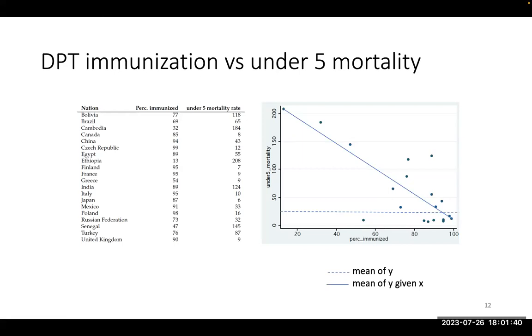So this would be Ethiopian, and then you can basically find the same, taking one of the higher ones. Which one is the highest one? That's 99, Czech Republic. That would be this one, that would be Czech Republic. So you can locate individual points on your graph.